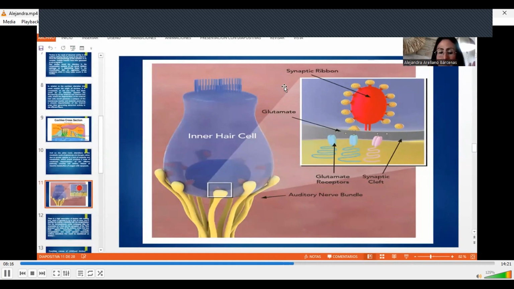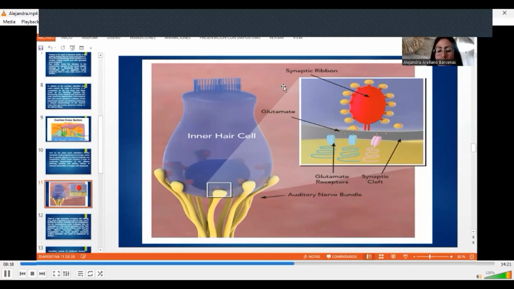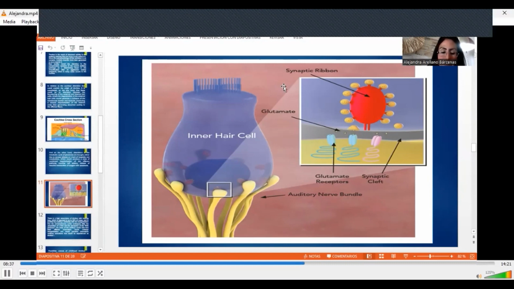The alteration in the metabolic cycle of glutamate, either due to excess release or lack of reuptake and metabolism, will produce a state of continued depolarization of the afferent pathway, causing cell edema, release of metabolites of oxygen with apoptosis.